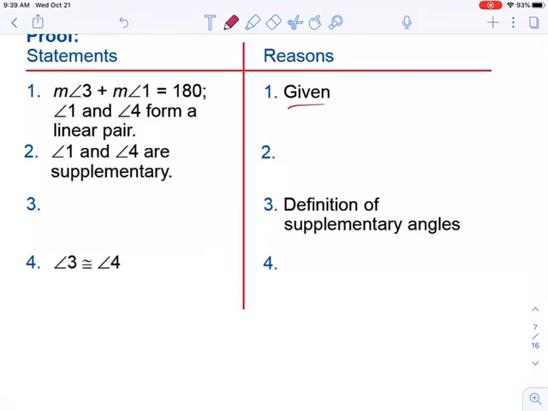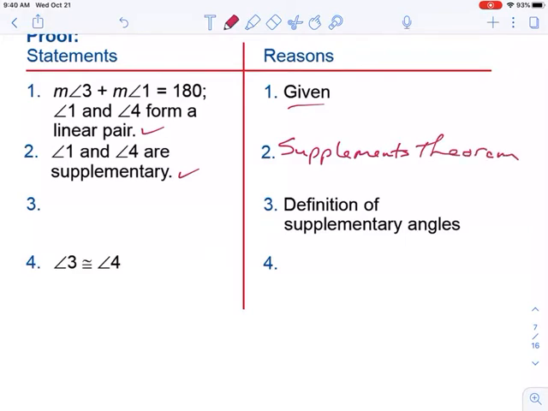Angle 3 and angle 1 added together equal 180. 1 and 4 form a linear pair. Okay, so then it says 1 and 4 are supplementary. That was the last section. That is the supplements theorem. Because they're a linear pair means they are supplementary. Supplements theorem.